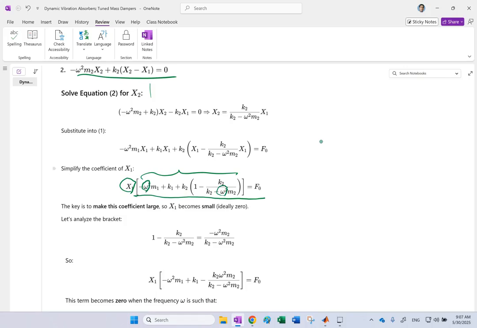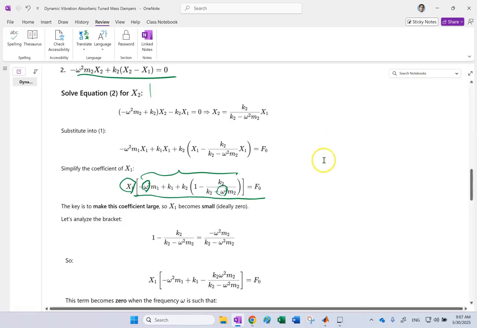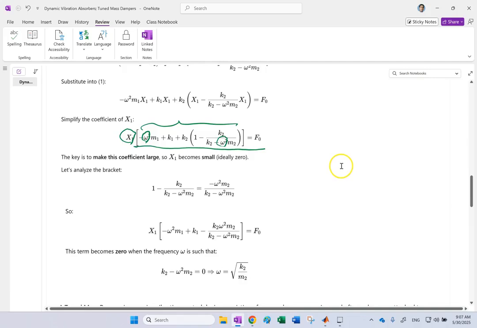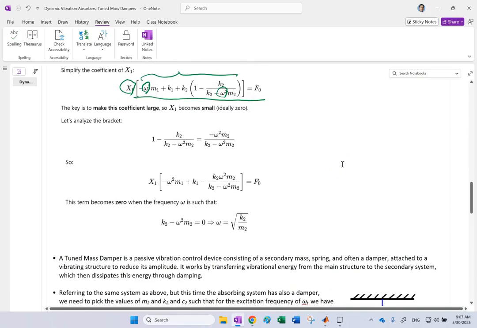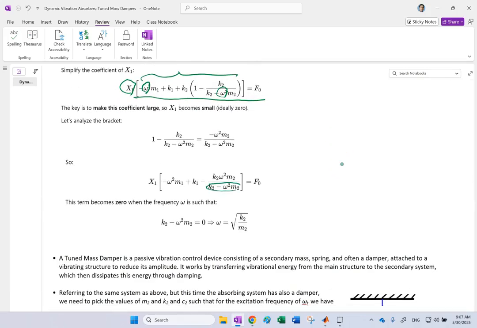And what happens? Well, if you look at this inner term in the parentheses, you clearly can see that when omega squared equals k2 over m2, this denominator becomes 0. And when this denominator becomes 0, that means this coefficient is literally going to infinity. It's going to be infinitely big.